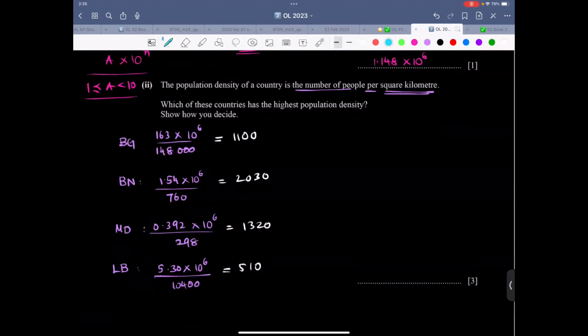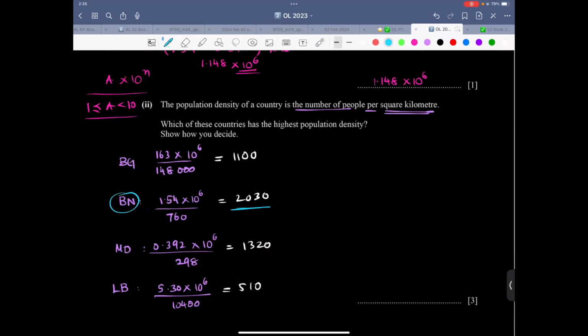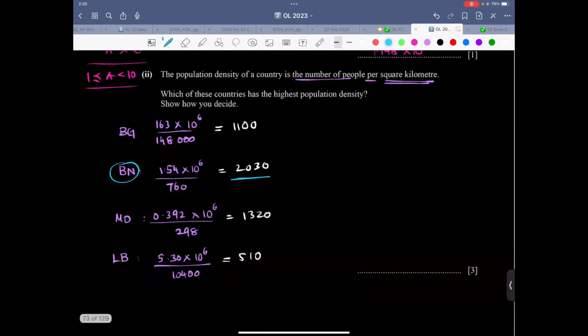The largest value is 2030. That is Bahrain. That is the second one. So which country? That is Bahrain, because the population density is 2030 people per kilometer square. And all values are given correct to three significant figures. So we do the comparison based upon this.